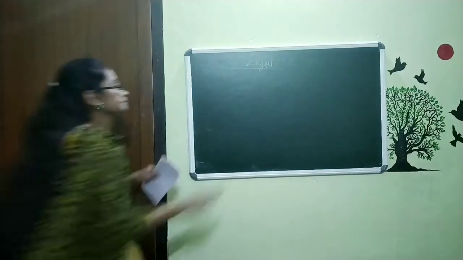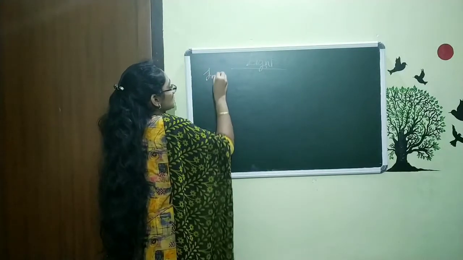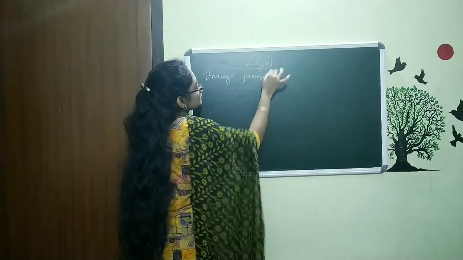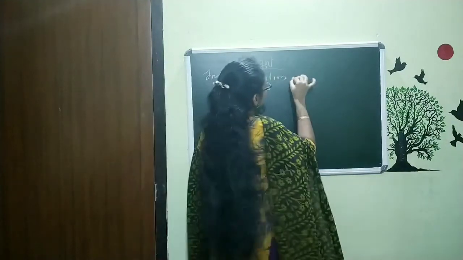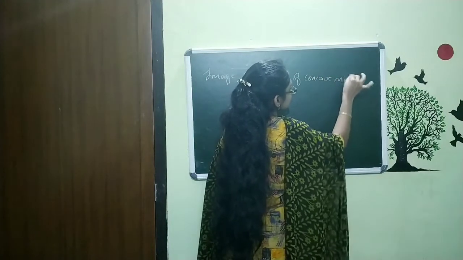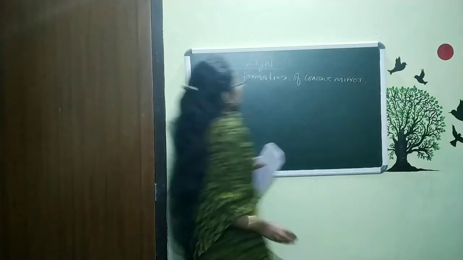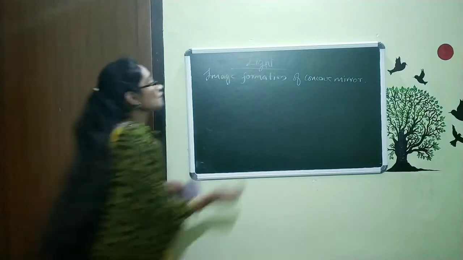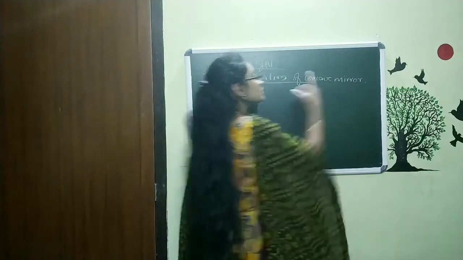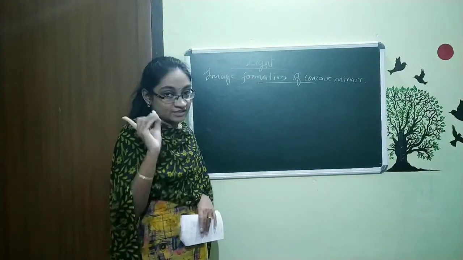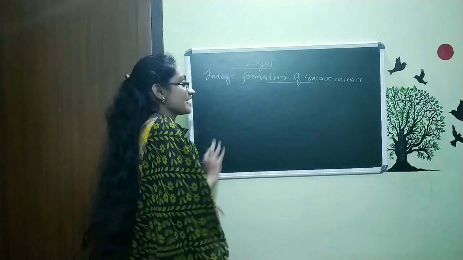First we are going to study the image formation of the concave mirror. This is our first topic. For that, first we need one concave mirror, then one object, and one screen. These are the three things we need for this experiment.